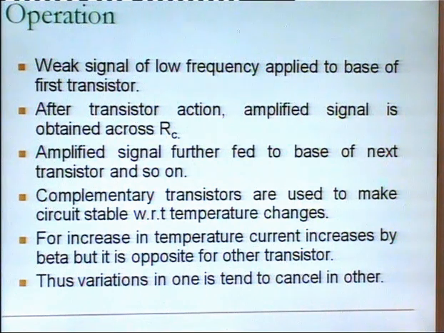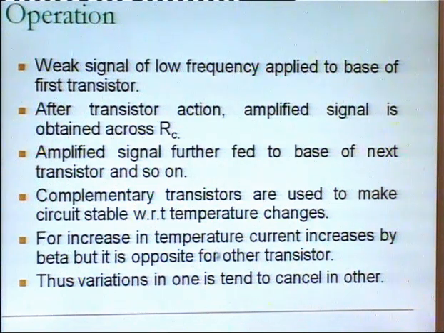Now, these complementary transistors are used to make the circuit stable with respect to temperature changes. We all know that a change, increase or decrease, in temperature affects the current in your transistor as an amplifier. For an increase in temperature, current increases by the beta factor, but now it is opposite for the other transistor.